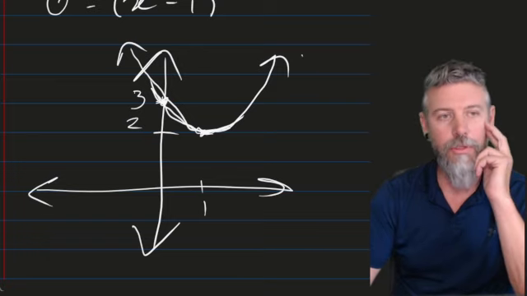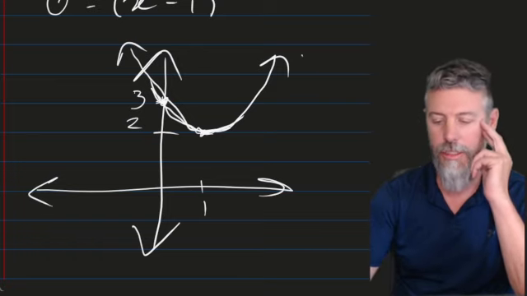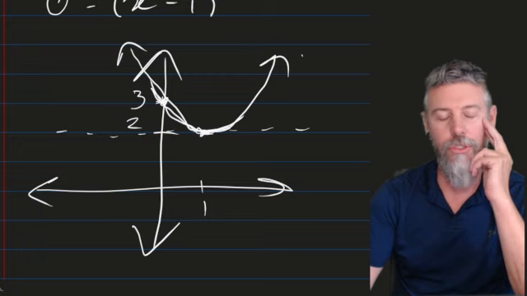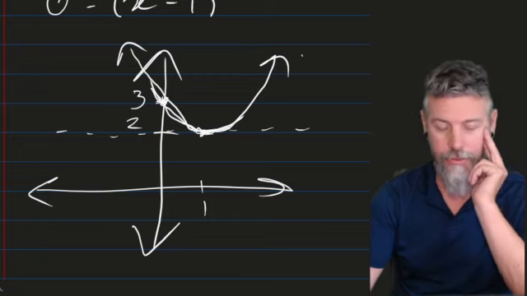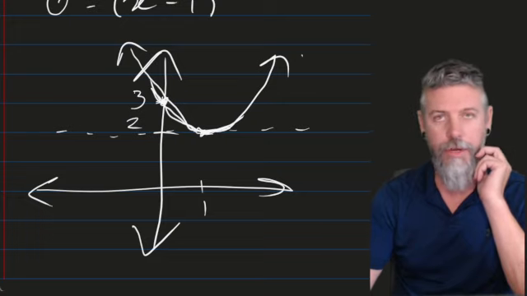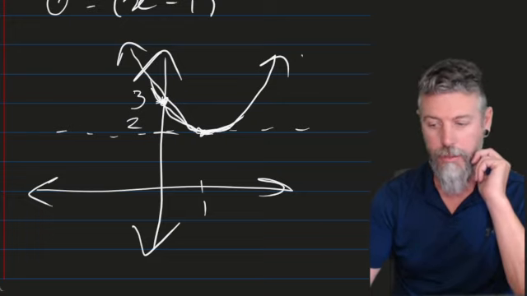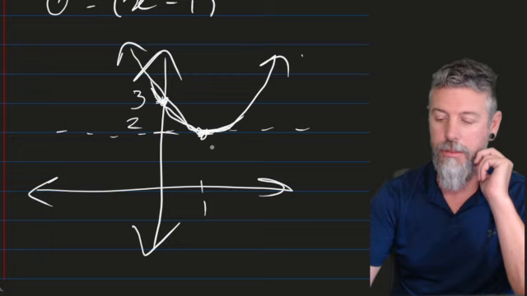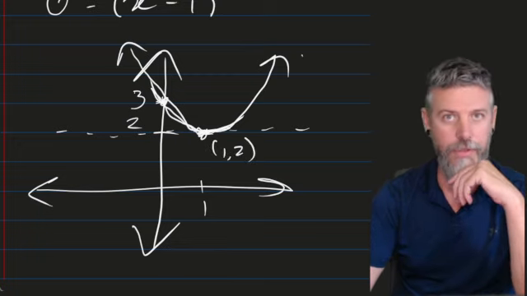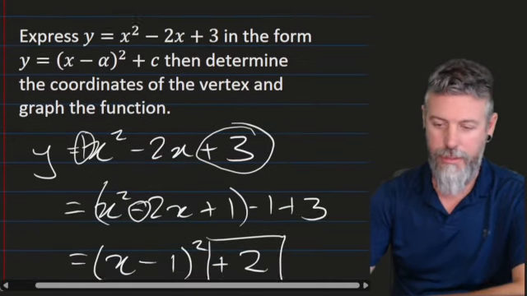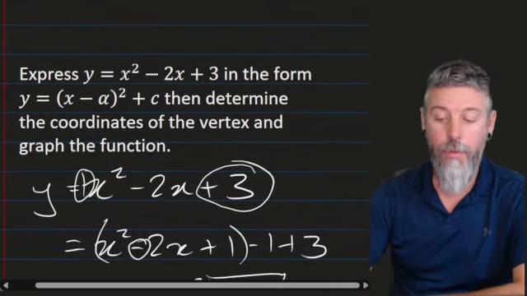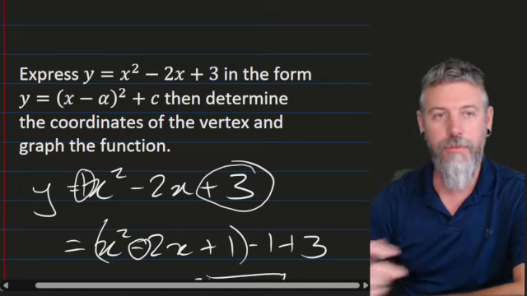We've just moved the whole thing up by 2 and taken this y equals 2 line into consideration and sort of treated that line as the x-axis and then looked at what the factors would be on that line. So that's why we've got this bounce here because of this double root at 1, 2, and we're able to draw that parabola. Now the question actually said, express it in this form, then determine the coordinates of the vertex.